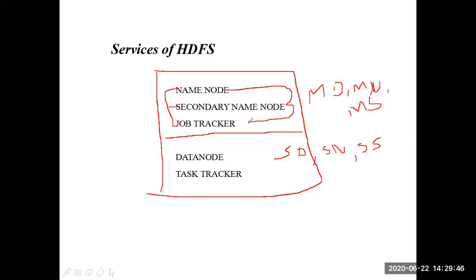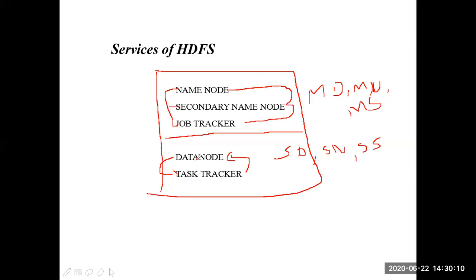Any node can communicate with any other node. Similarly, in the slave also, data node can happily communicate with the task tracker. Task tracker can happily communicate with data node. The nodes in the slave part can communicate with one another directly. The nodes in the master part can communicate with one another directly.